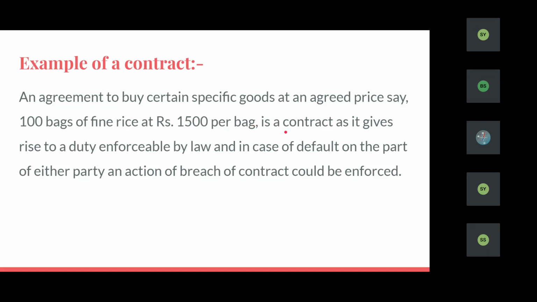Both have rights and duties here. In case of dishonoring this agreement, the aggrieved party can sue the person for breach of contract. In simple terms, he has gone against the contract. He has not complied with the contract. So this is an example of a contract.